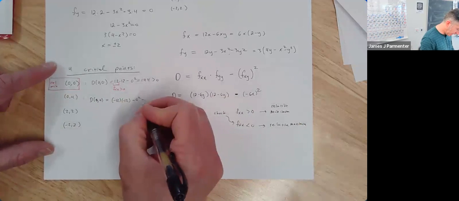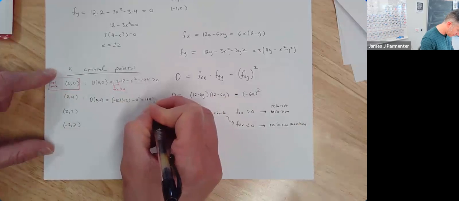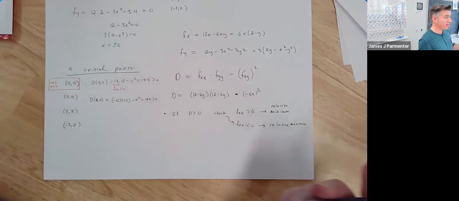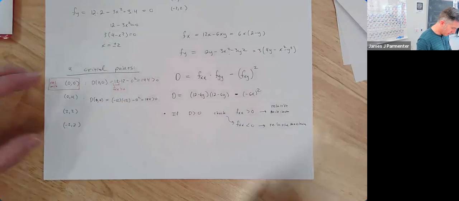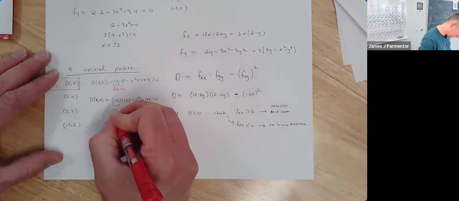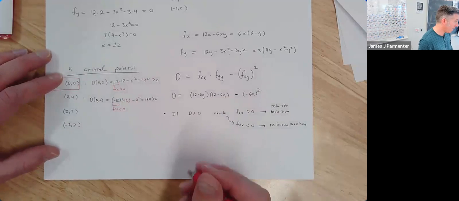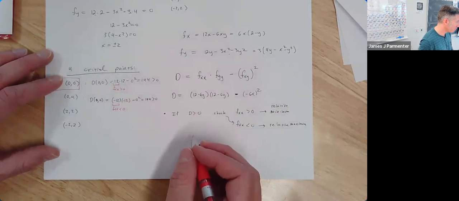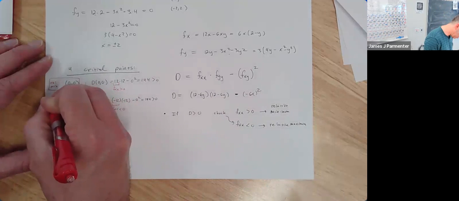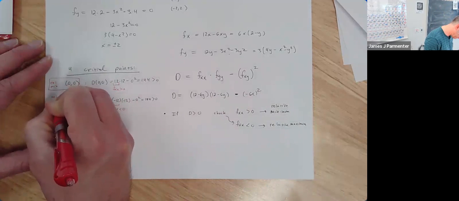So I'm still getting a positive result, which means it's either a maximum or a minimum, but now our fxx is negative. So we see that we have a maximum because it is concave down at this relative extreme. So we definitely have a relative maximum.